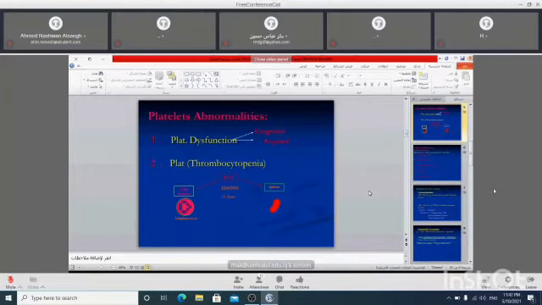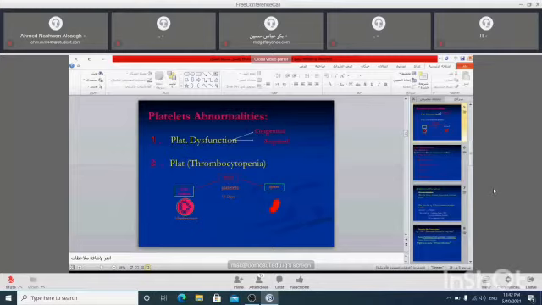Now we start with the platelet abnormalities. We have 2 types of platelet abnormalities. First of all, platelet dysfunction, that's the platelet function abnormal.